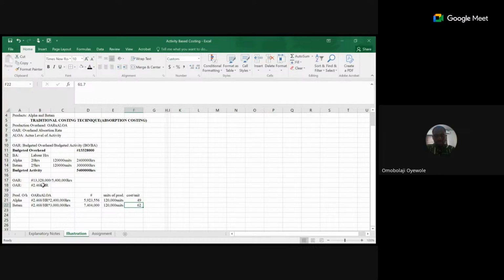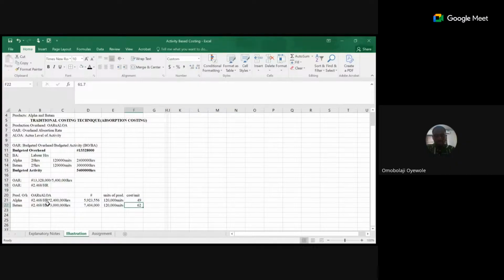The next requirement now says determine the cost driver rate using the ABC approach, then compute the overhead rate per unit of each product using the ABC approach. According to the first requirement, parts I and II, we have done it.